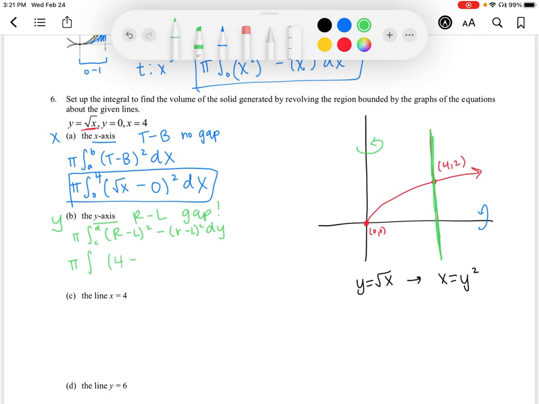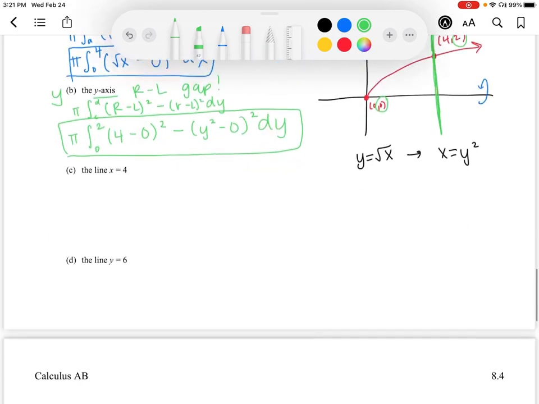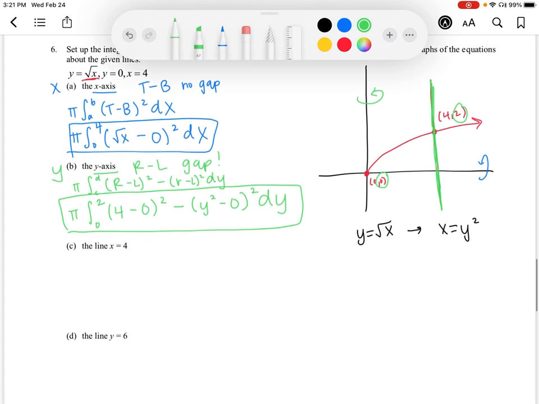It's going to be 4 minus 0 squared, minus, and then my little radius is that square root of x, which we changed to y squared, minus 0 squared dy. And remember, we're talking in terms of y. So my bounds are the y values, 0 to 2. And that would be the integral. Like I said, you could simplify it more, but I'm going to trust you guys know how to do that since we've been doing it since the beginning of the semester.